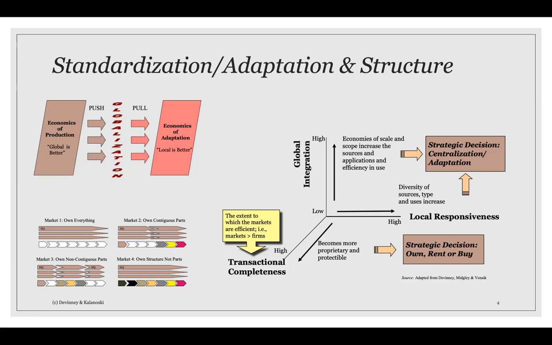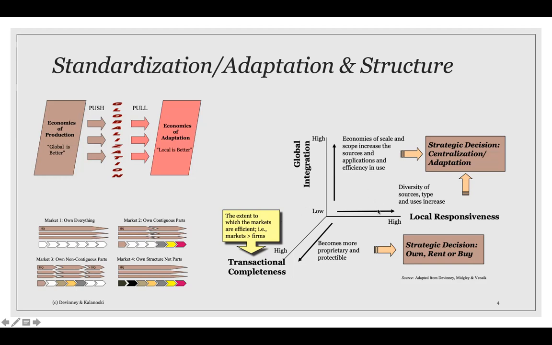Generally speaking, the economics of production dominates a bit more in B2B markets, whereas the economics of adaptation clearly puts a lot of pressure on you with respect to consumer markets. And this shows up in a three-dimensional way.